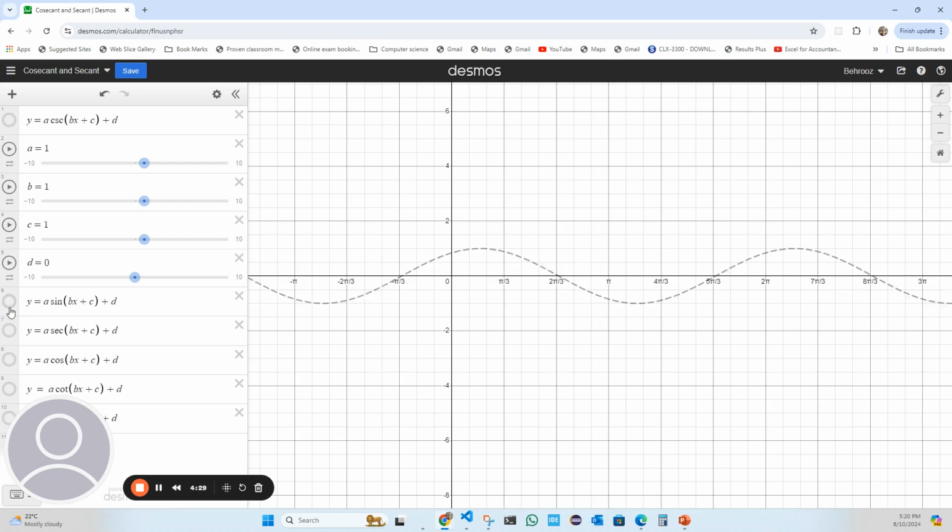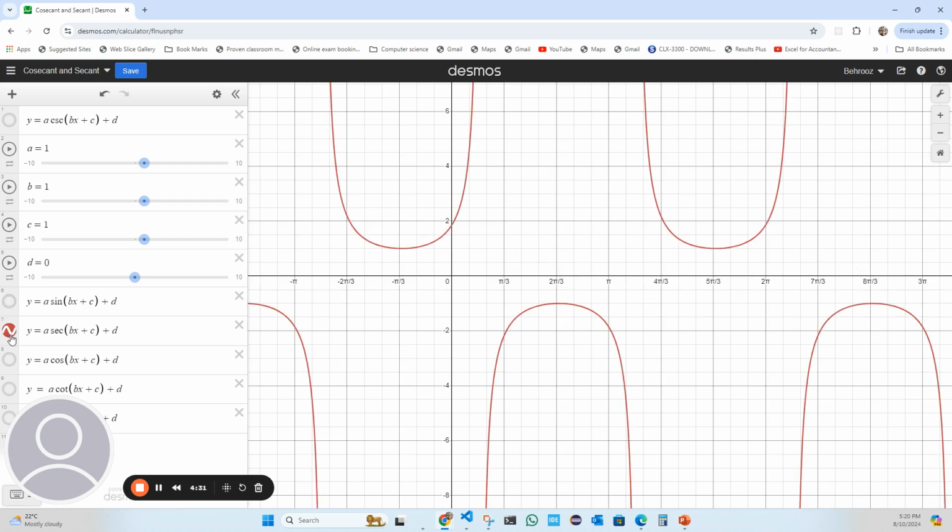If you would like to see the secant function, you can type secant and cos, and they are similarly shaped to the sine and cosec curves.